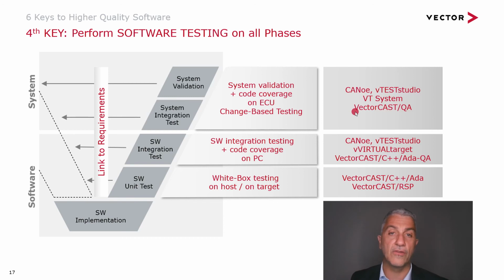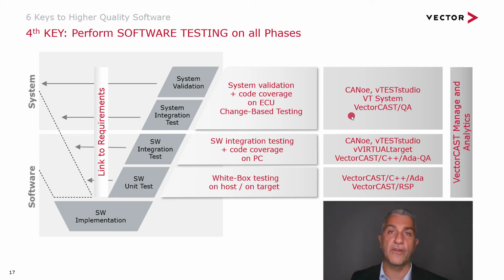And then you can do hardware integration, system validation, and coverage on the real target, on the real ECU, and you can start to do change-based testing, as we will see in our final sixth key. With CANoe, vTESTstudio, and the VT system, you can do hardware-in-the-loop testing, real physical I/O testing, and VectorCast/QA to collect the coverage.